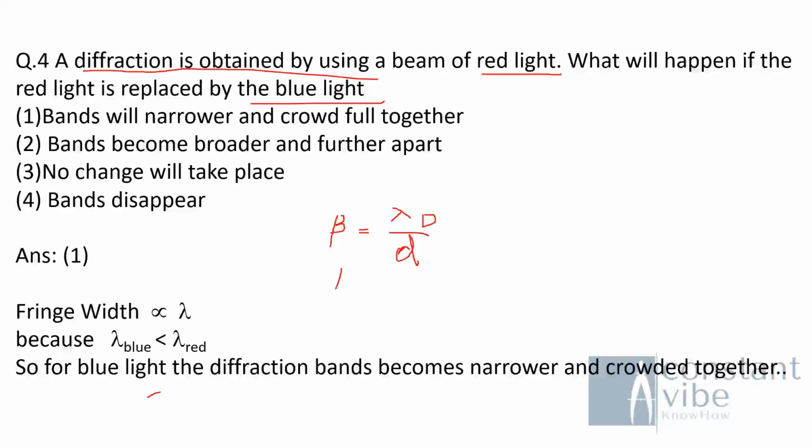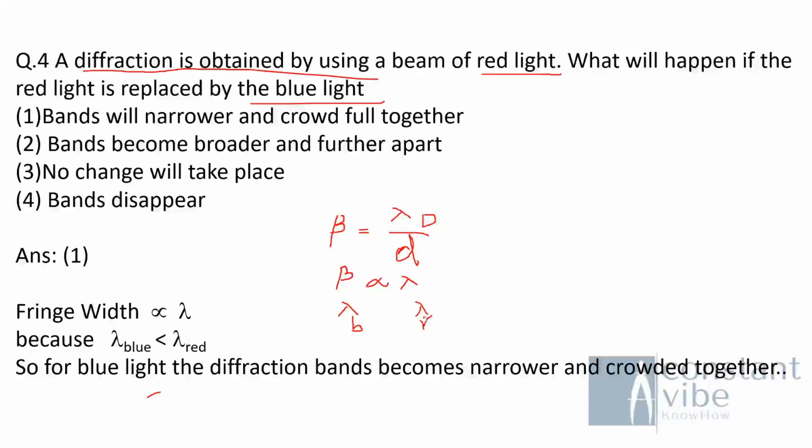So fringe width beta is directly proportional to lambda, and that depends on which light is used, blue light or red light. So the bandwidth of blue light and the bandwidth of red light.